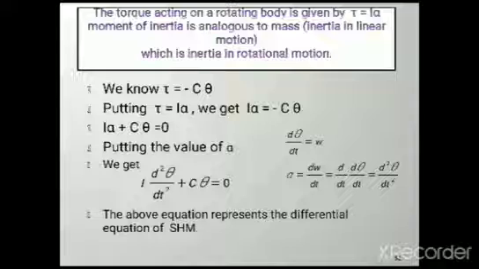So we can substitute for alpha as d²θ/dt². Hence our equation becomes I d²θ/dt² plus cθ equals 0. The above equation represents the differential equation of angular SHM.